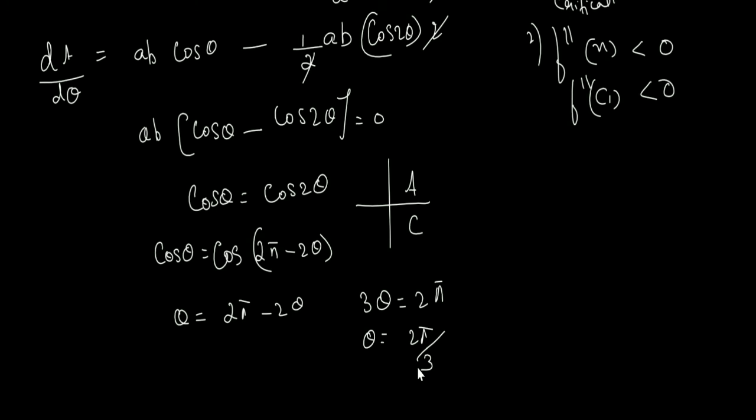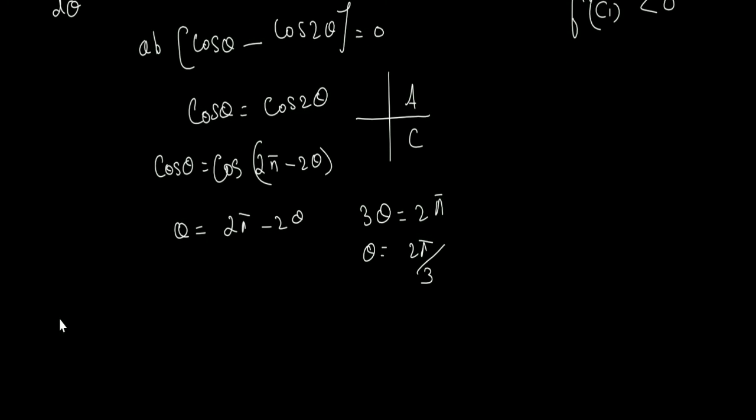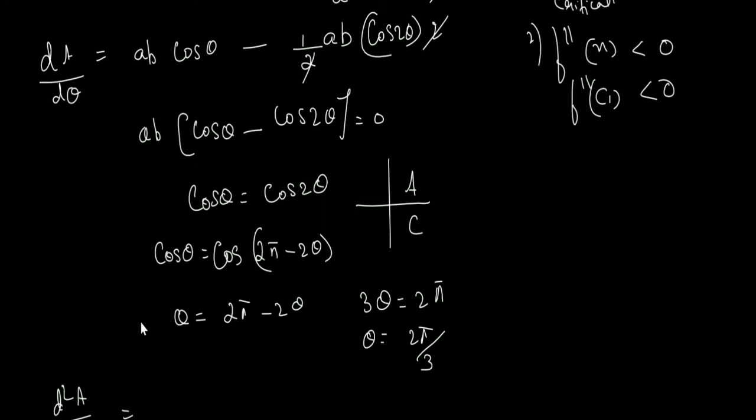Now we have to differentiate the function again. So d square A by d theta square. When you differentiate the function, AB cos theta will become minus sin theta, and minus AB cos 2 theta will become plus 2 into sin 2 theta.